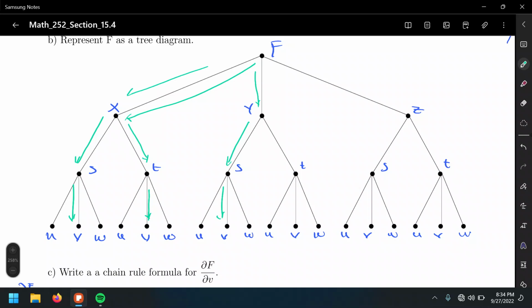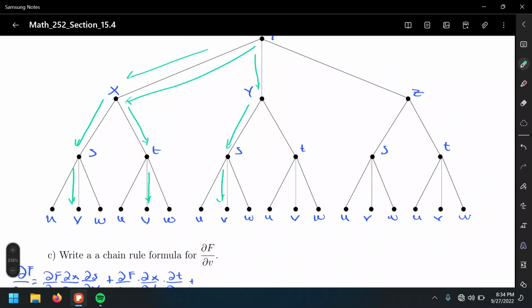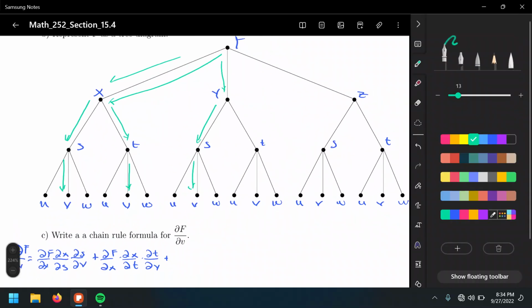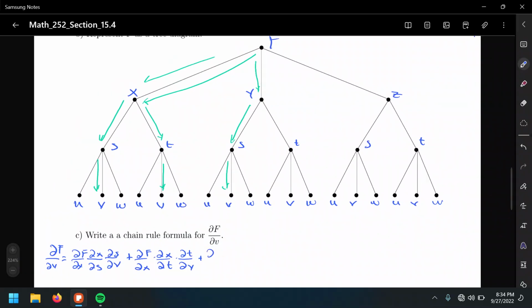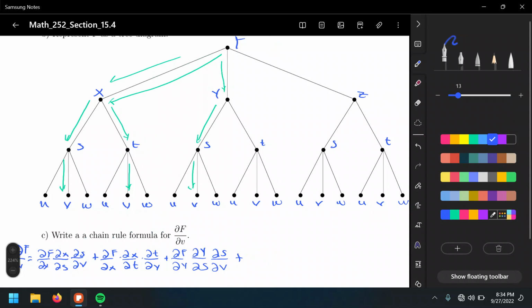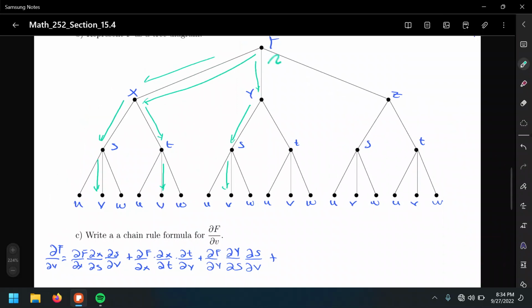So partial f with respect to y times partial y with respect s times partial s with respect v, plus the next possibility, to go from f to y again, but this time instead of going from y to s, we go from y to t and then from t to v.